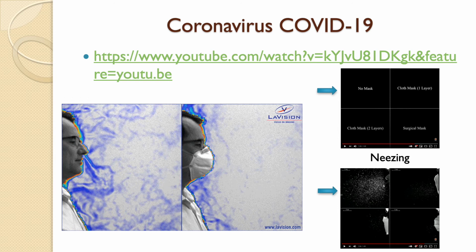As you can see here, a lot of aerosols are spread. But when a cloth mask of one layer is worn, you can see there is already far less spread, and when there is a cloth mask of 2 layers, there is even less spread, and a surgical mask will reduce it even further.